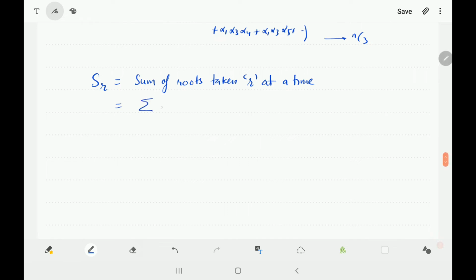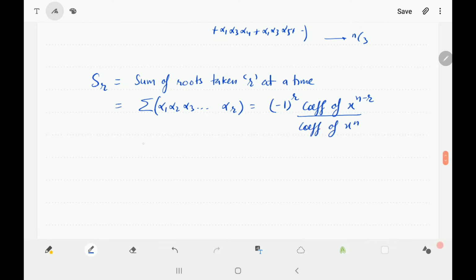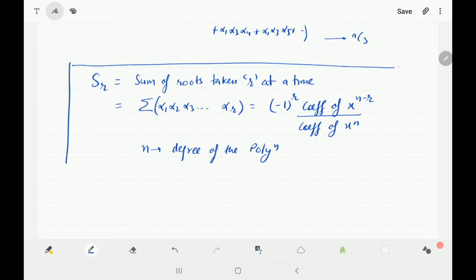We denote this term as alpha 1 alpha 2 alpha 3 so on to alpha r, and the formula for this calculation is minus 1 raised to the power r, times coefficient of x raised to the power n minus r, upon coefficient of x raised to the power n, where n is the degree of the polynomial. So this is quite important. You should remember this.